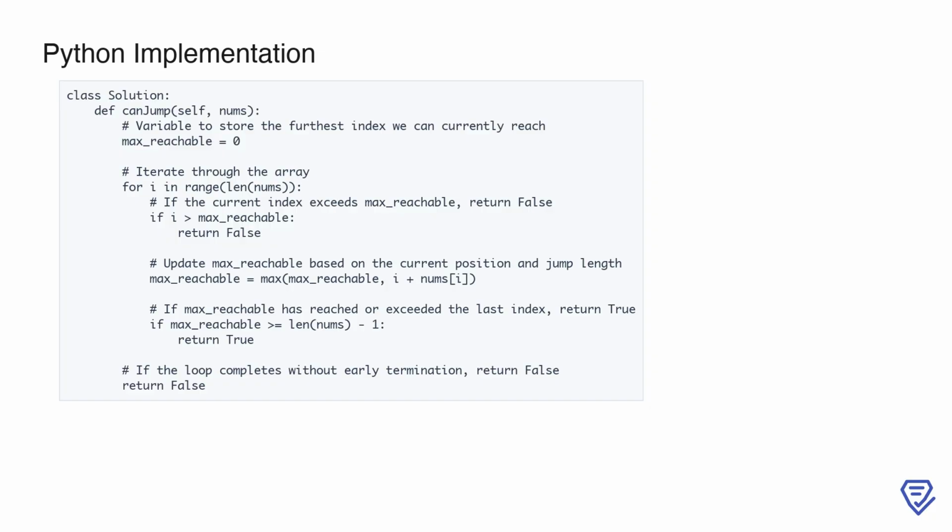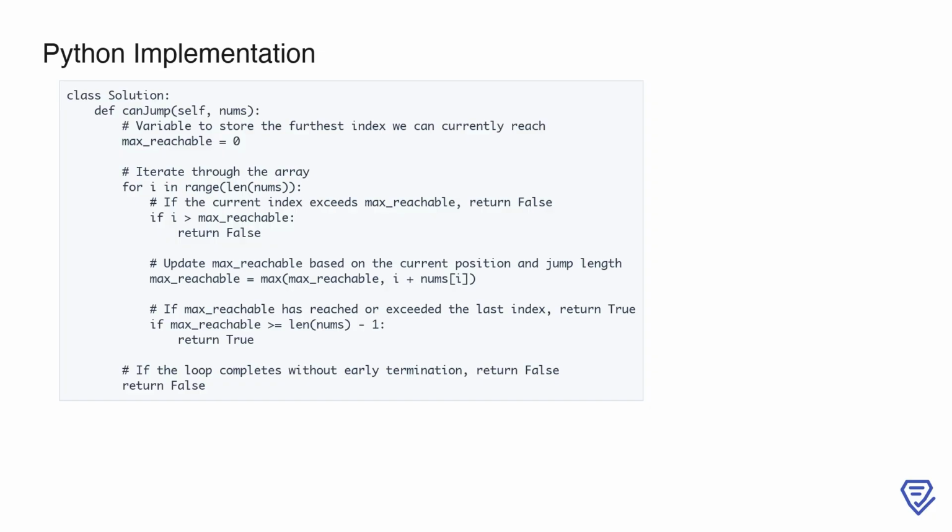This ensures that the furthest possible index that can be reached is always maintained. 5. Checking for success. If max_reachable ever reaches or exceeds the last index, i.e., len(nums) - 1, the function returns true, indicating that it's possible to reach the last index. 6. Final check. If the loop completes without satisfying the success condition, the function returns false, meaning the last index is not reachable.